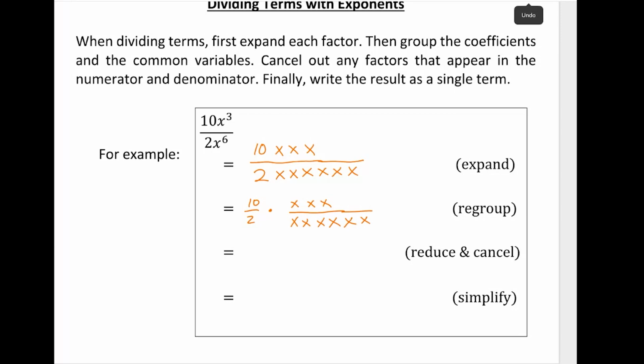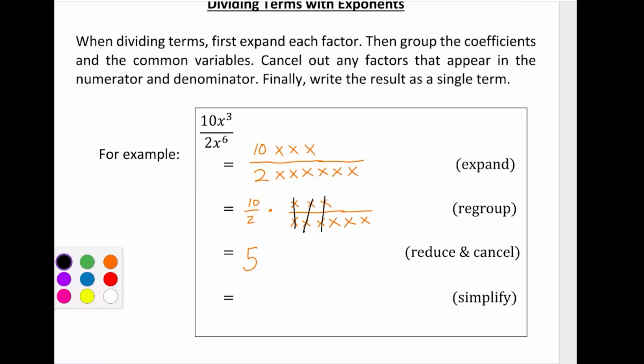Okay, so now is where we're going to simplify. 10 divided by 2 is 5. And then as far as the x's are concerned, anything divided by itself is 1. So x over x is 1. For each pair of x's that you have here, you can reduce that to a 1 and effectively just cancel them out. So we can reduce that to 1, reduce that to 1, reduce that to 1.